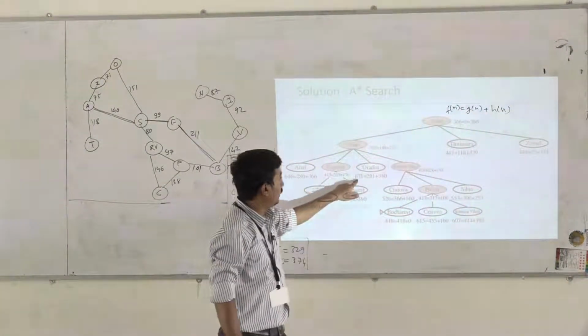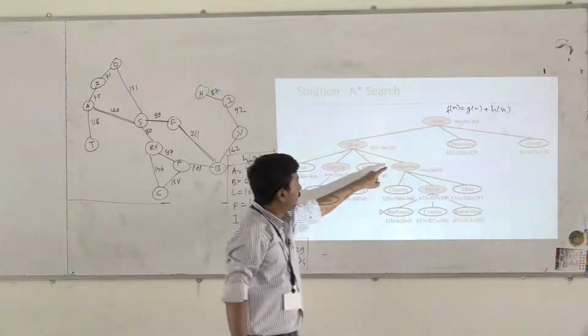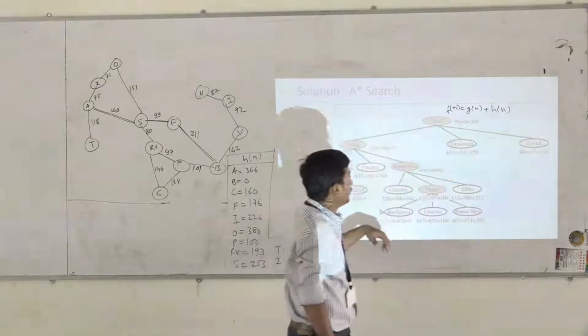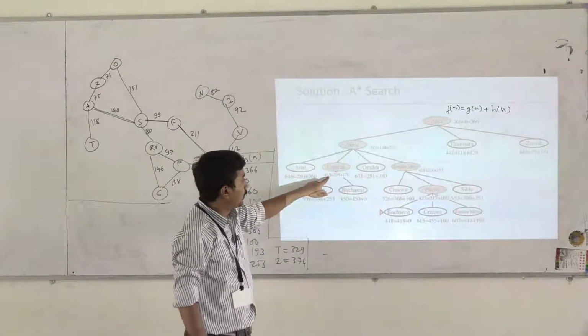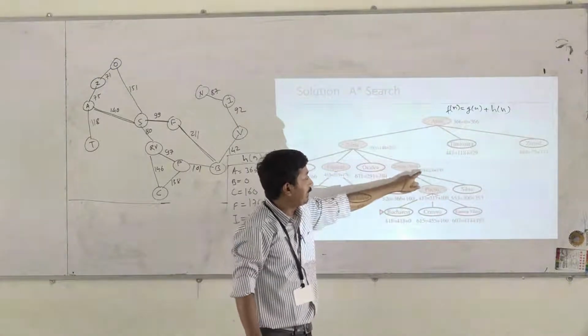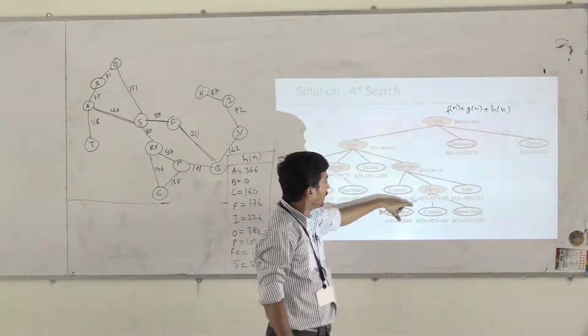So these are the f values for these nodes. Out of these 6 nodes, 1, 2, 3, 4, 5, 6, which has the minimum f of n value? This one. So let us expand that node.